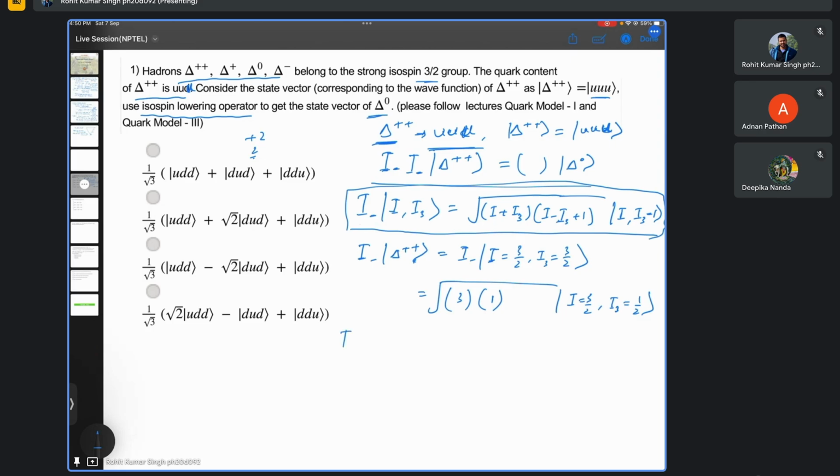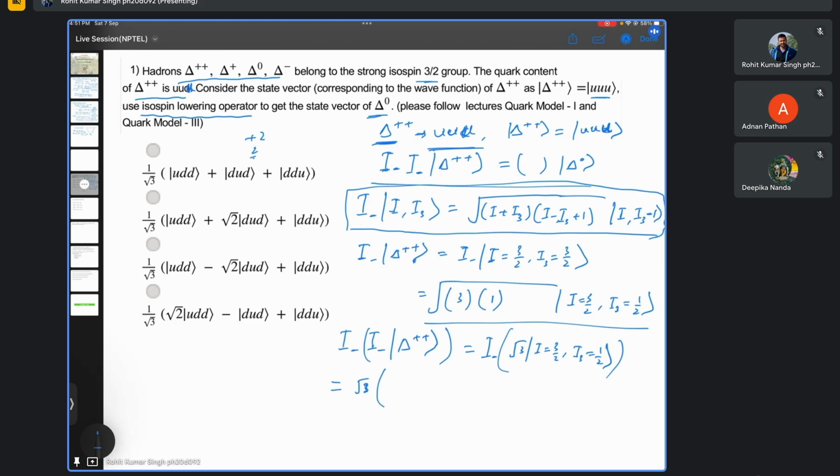Then again, if we apply I minus on this, we have under root 3, I equal to 3 by 2, I3 equal to half. Let's take the constant root 3 outside and apply I minus on this state.